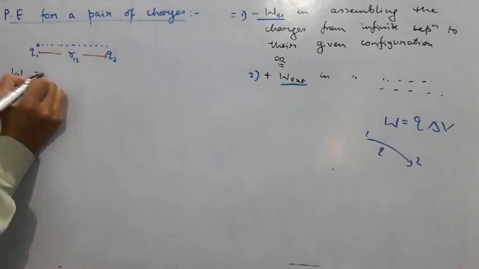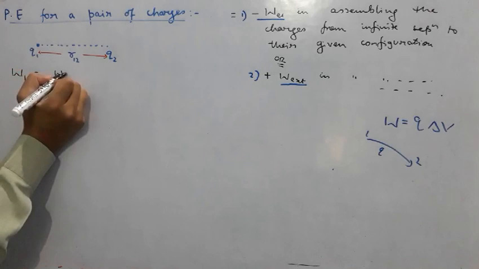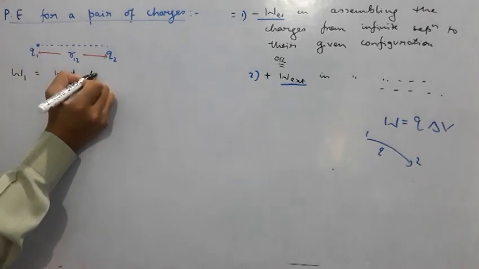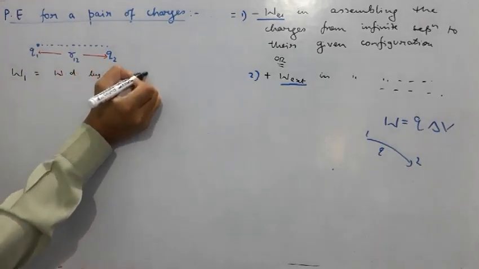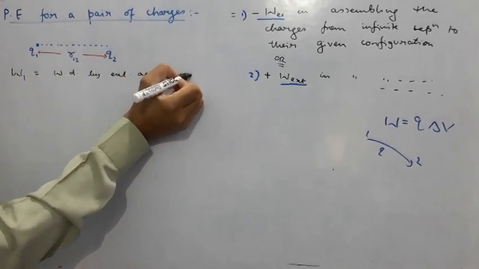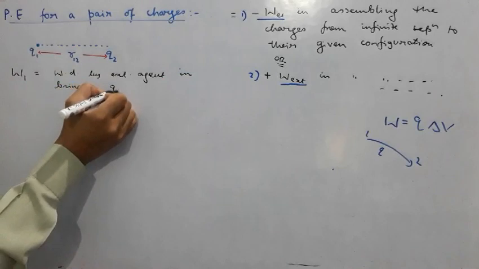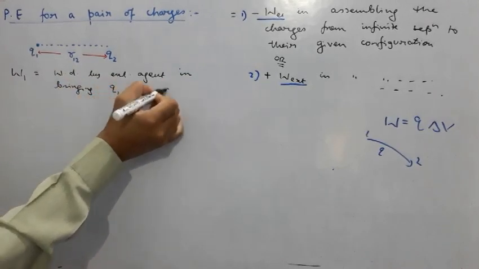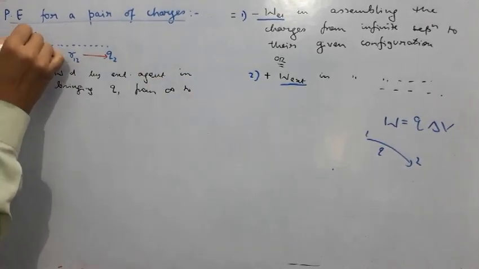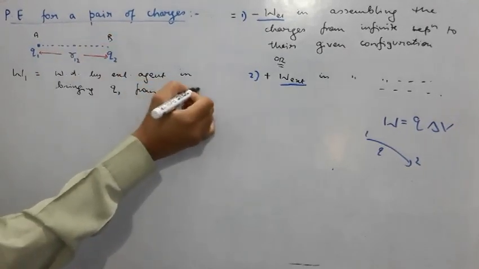So W1 is the work done by external agent in bringing charge Q1 from infinity to, I name this point as A, this point as B, to infinity to A.